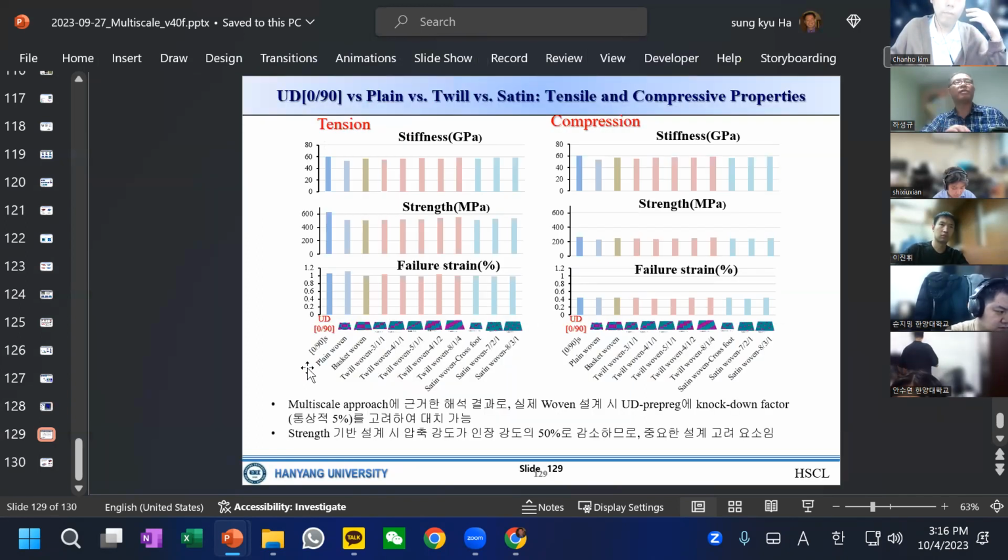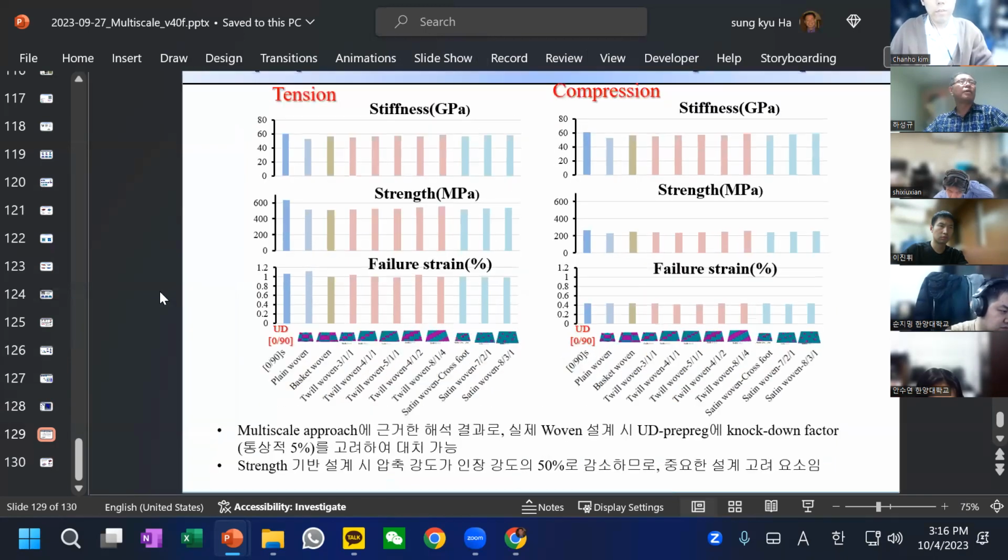Again, I'd like to emphasize that in filament wound structures, this can happen. As you can see here, depending on whether it is plain woven or basket woven, there are many different forms of the woven compared to the real 0/90.